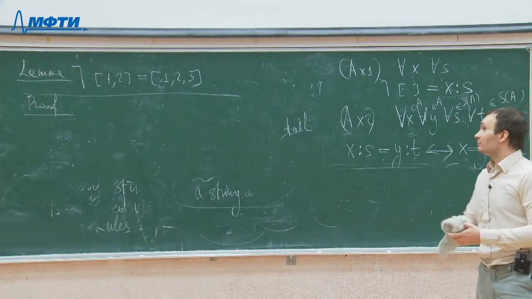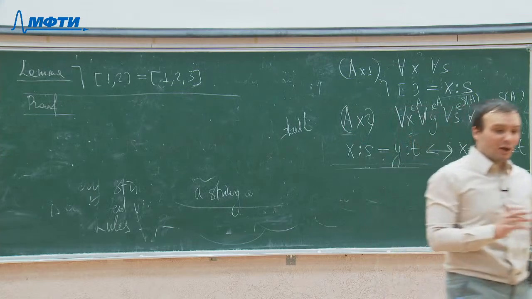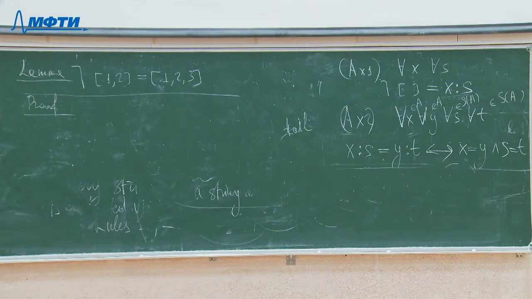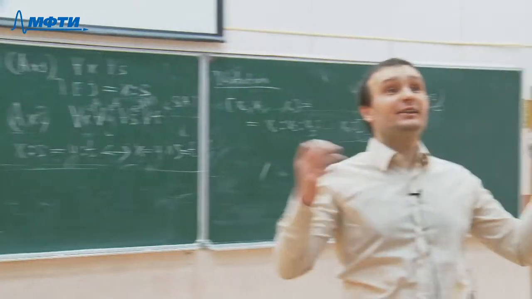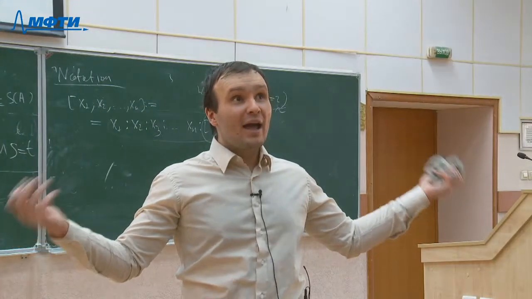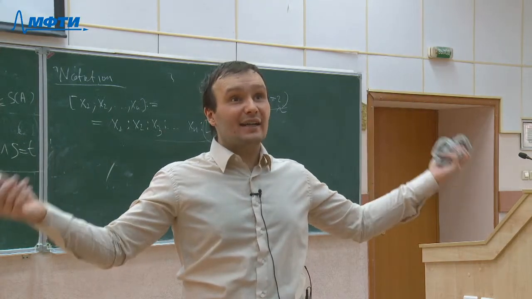I can't see. So we want to prove that some statement is false. In order to do that, it's enough to assume that it is true and get a contradiction, a falsity.